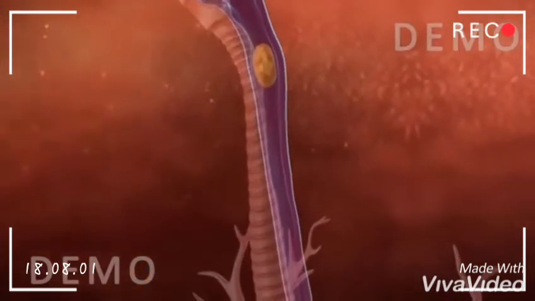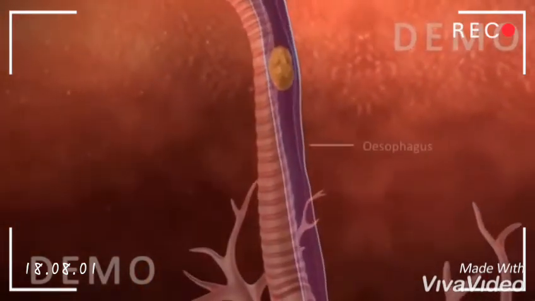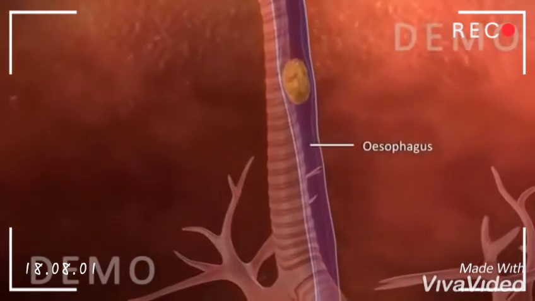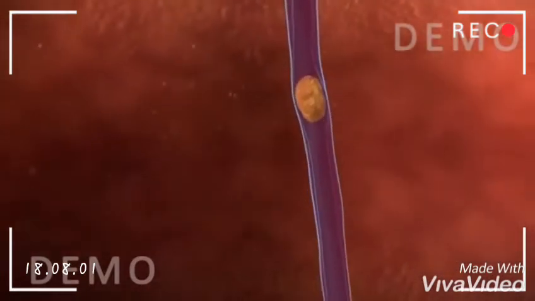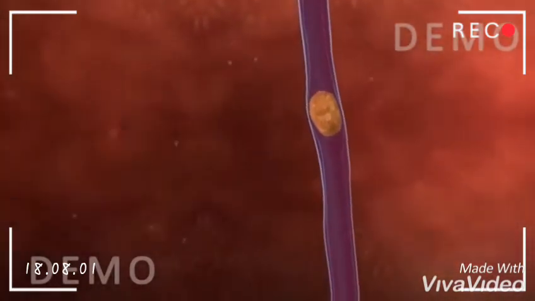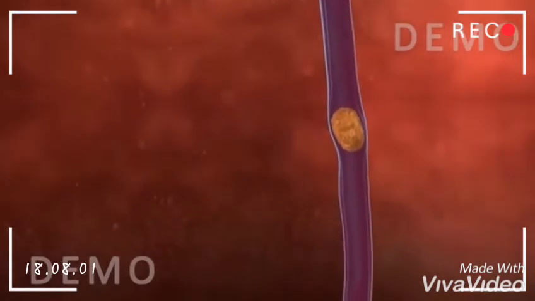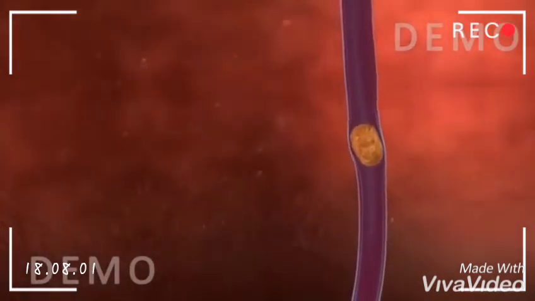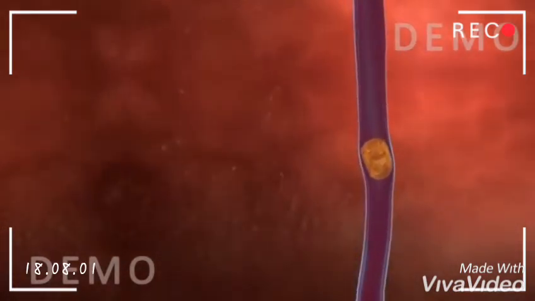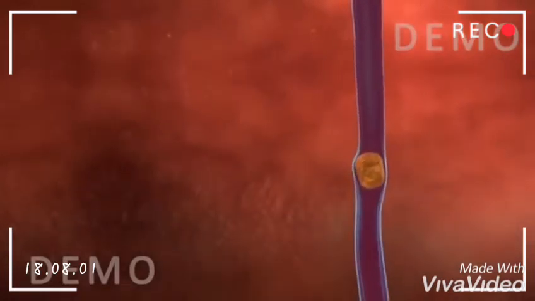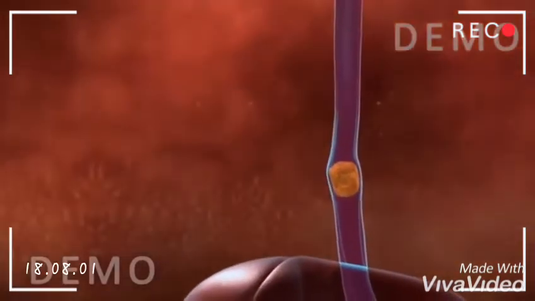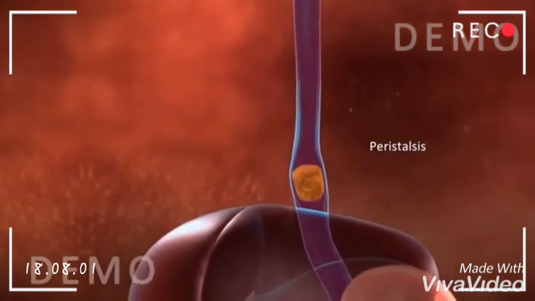The food then enters the food pipe or esophagus, which connects the pharynx to the stomach, and is gently pushed down to the stomach by wave-like muscle contraction and relaxation known as peristalsis.